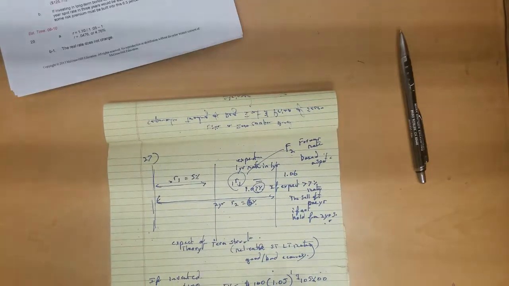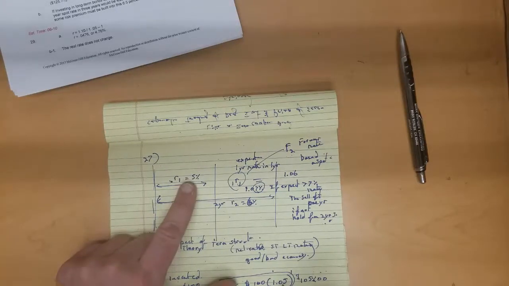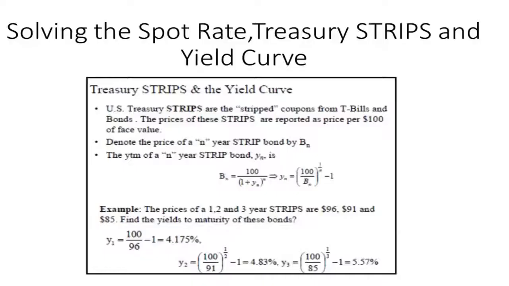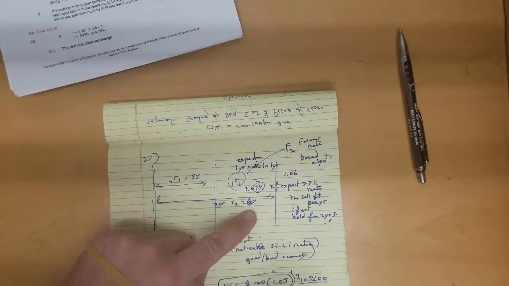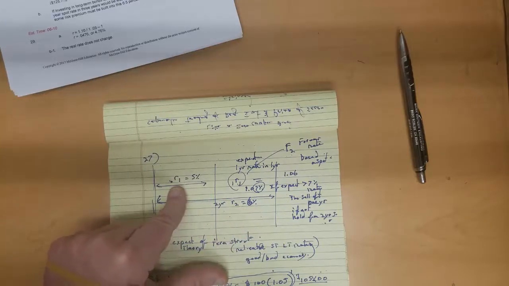To figure that out, I'm going to need to take the future value of $100. That'd be 100 times 1.05, using the rate of 5%. You wouldn't even have to worry about this right now. Just take 1.06, which is the 2-year rate at 6%, square it, and divide by the 1-year rate, 1.05.